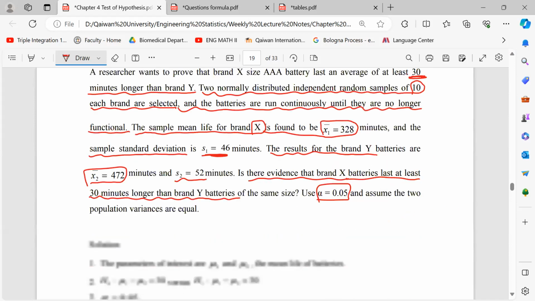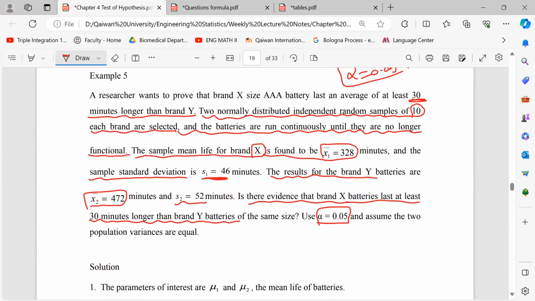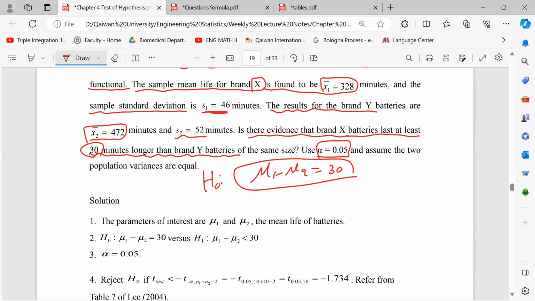Here mu naught is 30. So mu1 minus mu2 is 30. This is H naught. How about H1? H1 if it's less than 30.